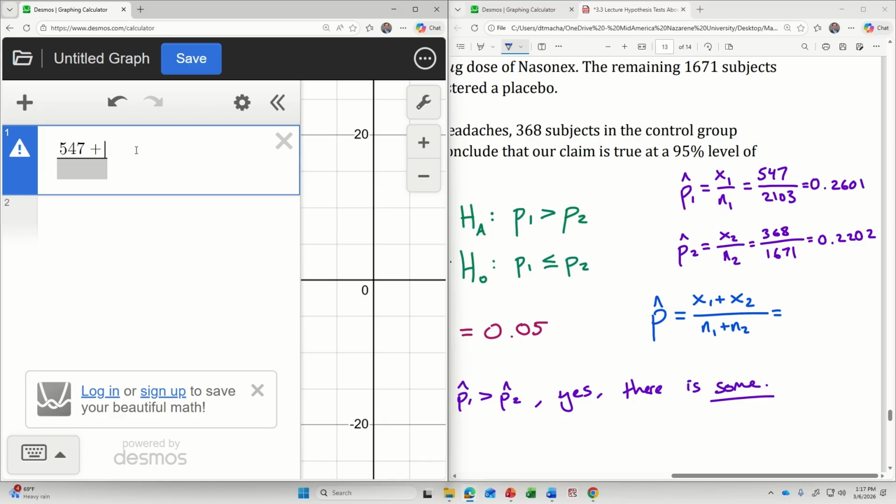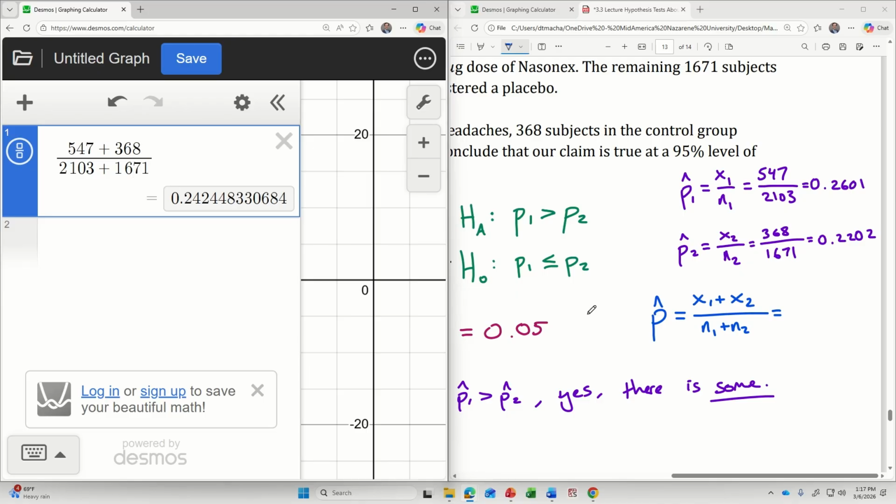So I'm going to have 547 plus 368 divided by 2103 plus 1671. My pooled fraction is 0.2424.